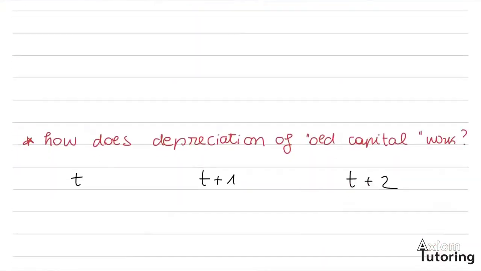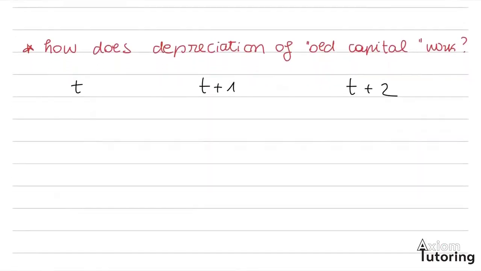I would like to make a little note on how depreciation of old capital works. Specifically here, I set up 3 periods, t, t plus 1, and t plus 2. So we're looking 2 periods ahead. Let's say we have 4 machines in our capital stock today. This is basically our K t.